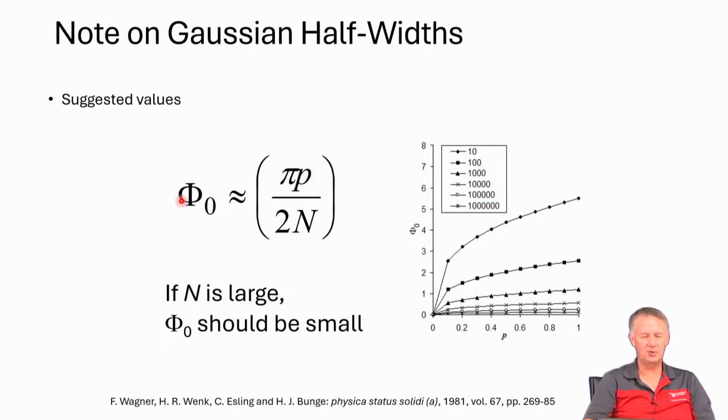If it's really weak, we want a larger half width. So this is showing what the p-value is in relation to what the half-width value should be. If p is very small, then we make the half-width very small. If p is up here, more of a random type of texture, then we want these half-widths to be larger. And this is the number of grains that we've measured.